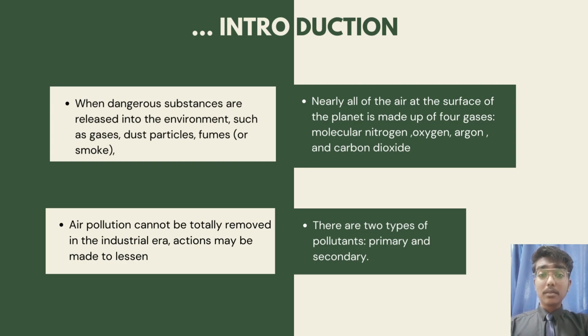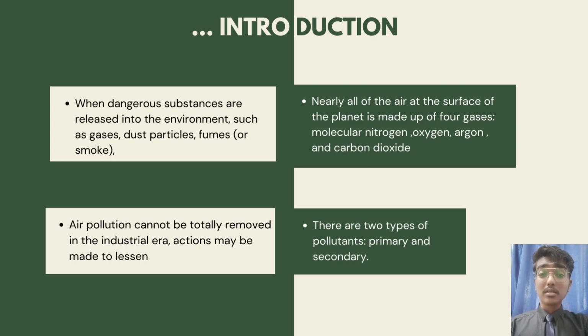There are three types of pollutants: the first is solid particles, the second is liquid droplets, and the last is gases. Nearly all of the air at the surface of the planet is made up of four gases: molecular nitrogen, oxygen, argon, and carbon dioxide.